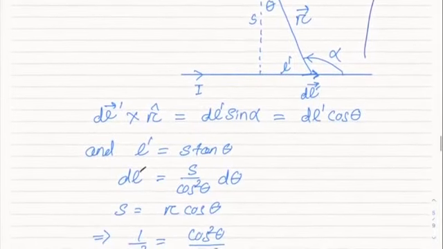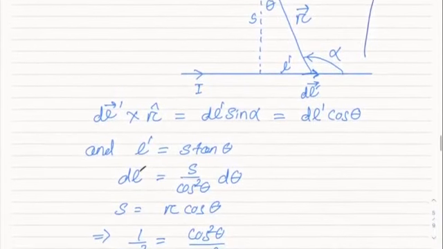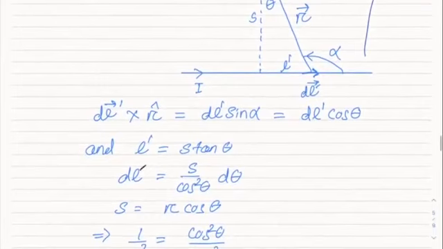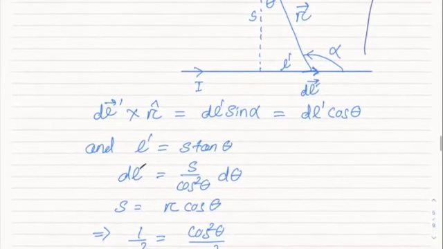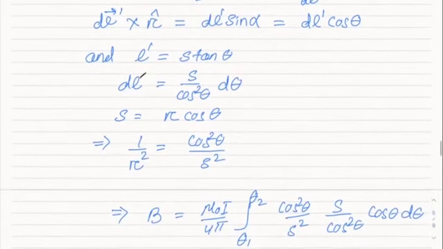If you want to calculate your 1 over r square from this geometry, you will find that s is equal to r cos theta, so 1 over r square is equal to cos square theta by s square from this expression. Now you plug all these things into the integration.